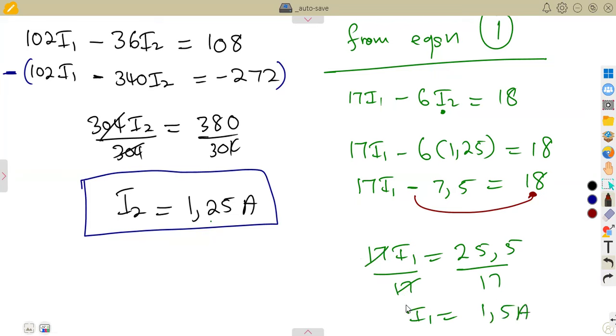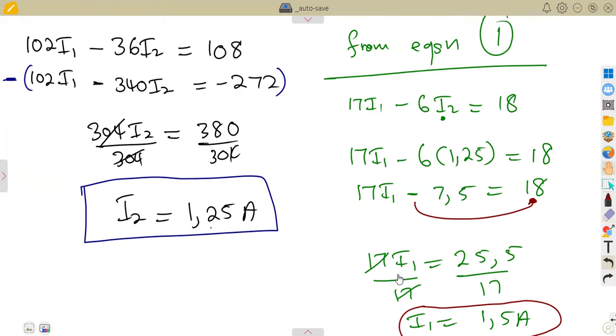It's just like that. You can also use the substitution method, but since you're working with bigger values now, it becomes a challenge to work with substitution. But if you understand how to work with those values as they are, it's not a problem at all.